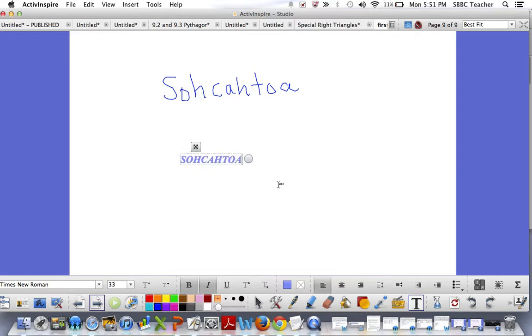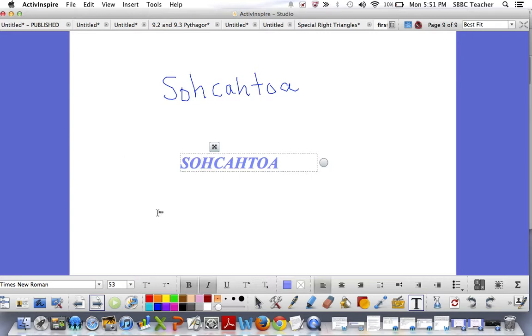The S stands for sine. So when you're looking at sine, you're always going to be looking at opposite over hypotenuse. SOH stands for sine, opposite over hypotenuse.